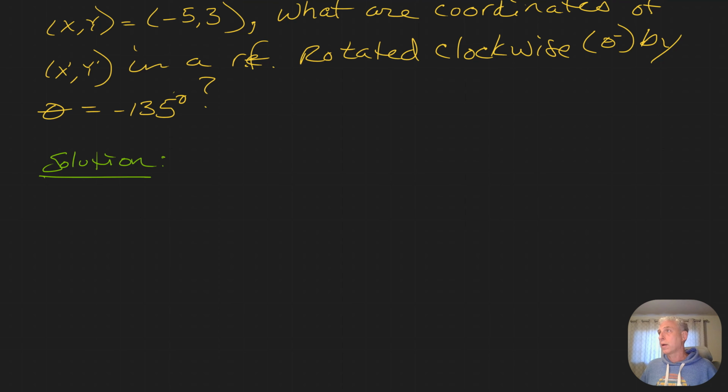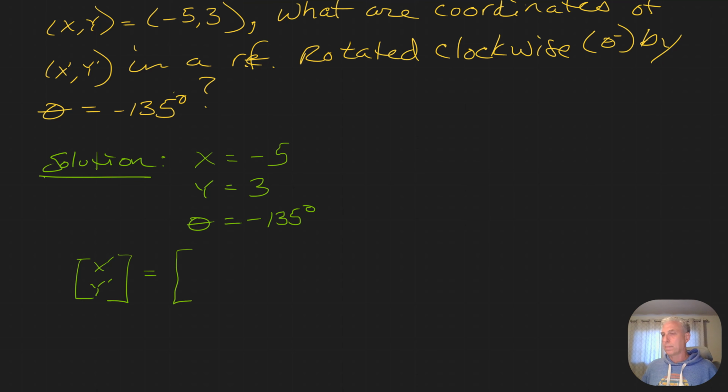I have my original givens: x equals -5, y equals 3, and theta equals -135 degrees. If I use my matrix definitions, I can come up with that. X prime, y prime equals cos of -135 degrees, minus sine of -135 degrees, and sine of -135 degrees and cosine of -135 degrees.